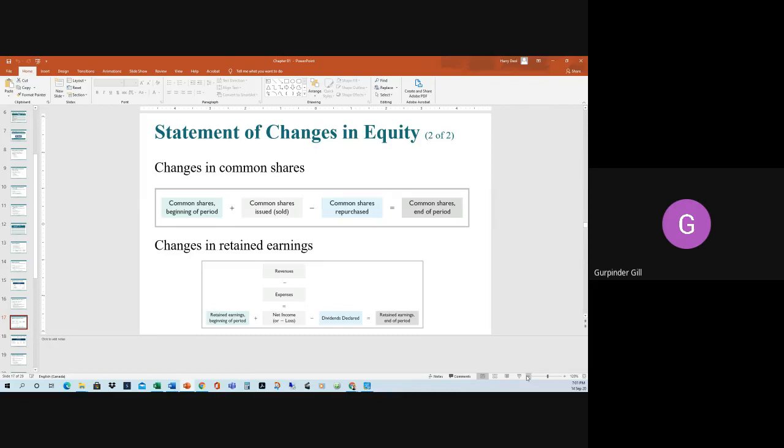Your retained earnings at the end of the prior period becomes the beginning in this period. Then we bring in your net income or loss, whether that goes up or down. Then we adjust for the dividend declared. That leaves you with the retained earnings at the end of the period. Dividend is the money paid to the shareholders.